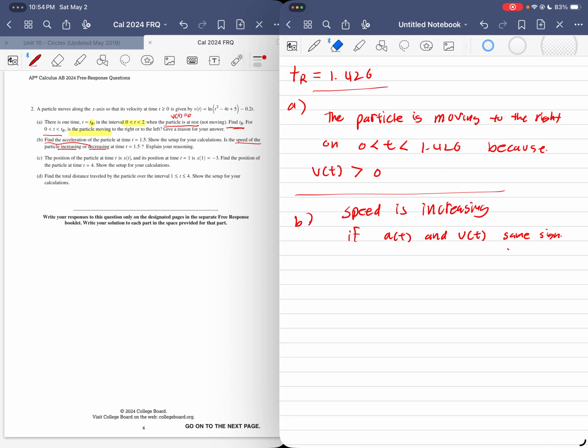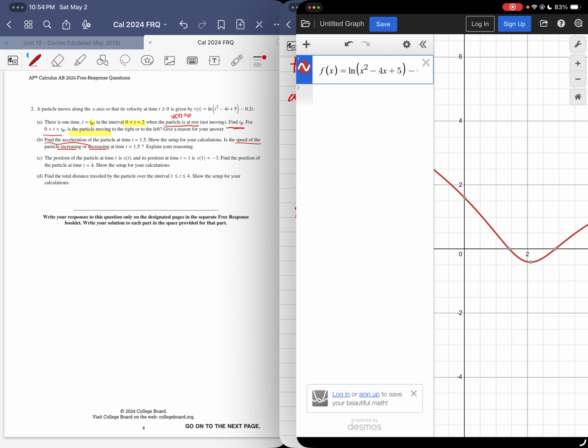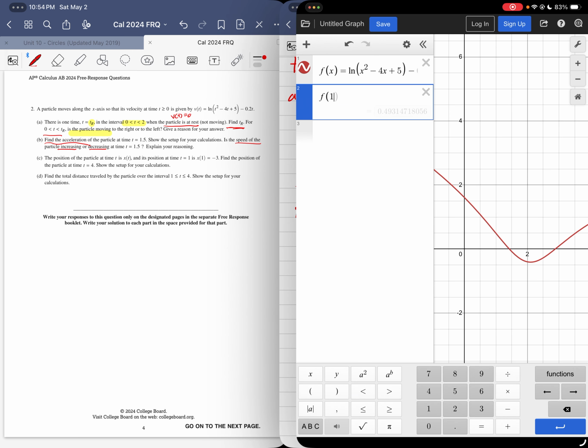All right, so first we want to find the speed here. We already know the velocity, so v of 1.5 is equal to, let's look at it. This is why you always write this down, because the only thing you have to do is find f of 1.5.